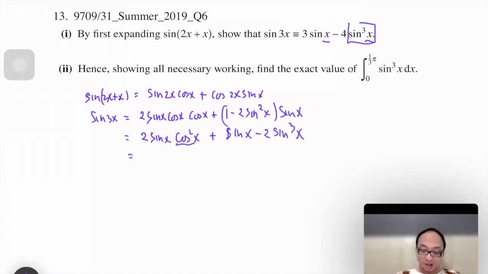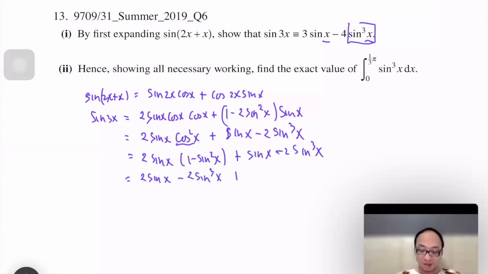Now, the cos square here changes again into sine: 1 minus sine square x, plus sine x minus 2 sine cube x. So 2 sine x minus 2 sine cube x plus sine x minus 2 sine cube x equals 3 sine x minus 4 sine cube x. Proven, yeah?